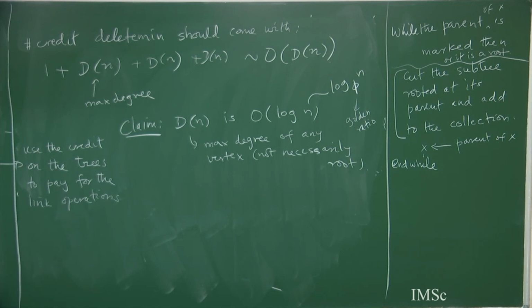And this is where we are going to use the fact that I do these cuts very carefully. I make sure that nobody loses more than one child. If you have a tree at any point of time and you look at any node, it would have lost at most one child, because if it had lost two children, it would have become a root somewhere else.